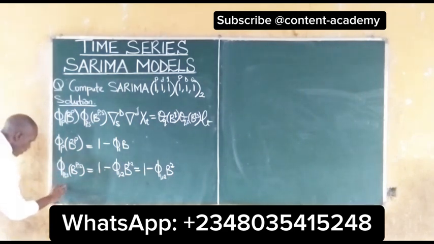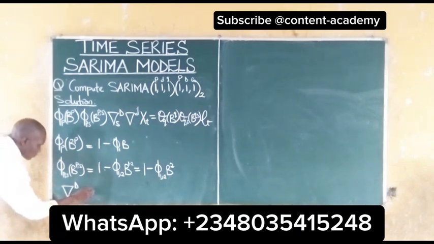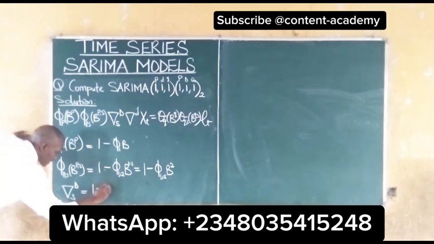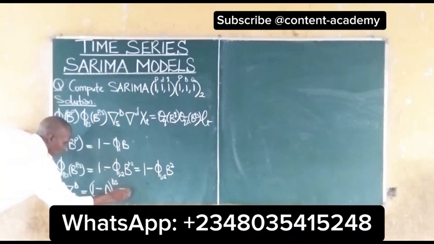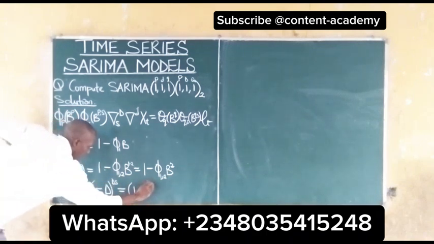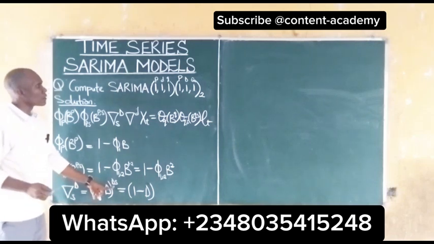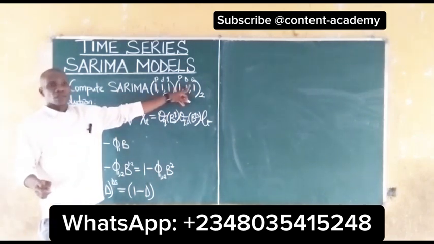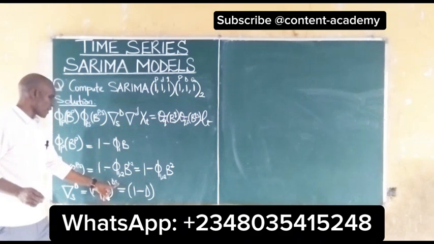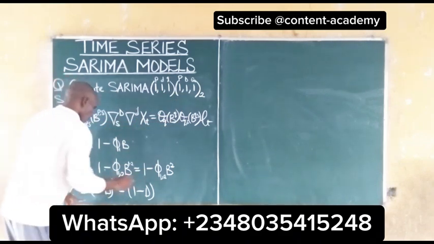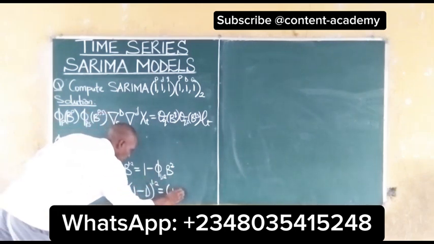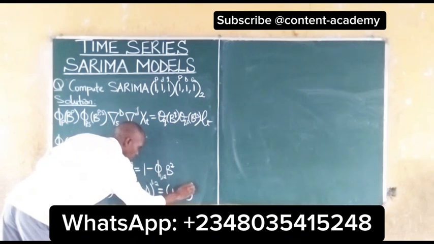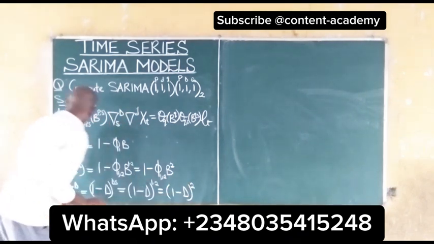Also, we have our differencing, the one with seasonality, which is 1 minus B to the power of D multiplied by s. We have D to be 1, the order is 1, multiplied by s, which is 2. So we have 1 multiplied by 2, which is 1 minus B raised to the power of 2.